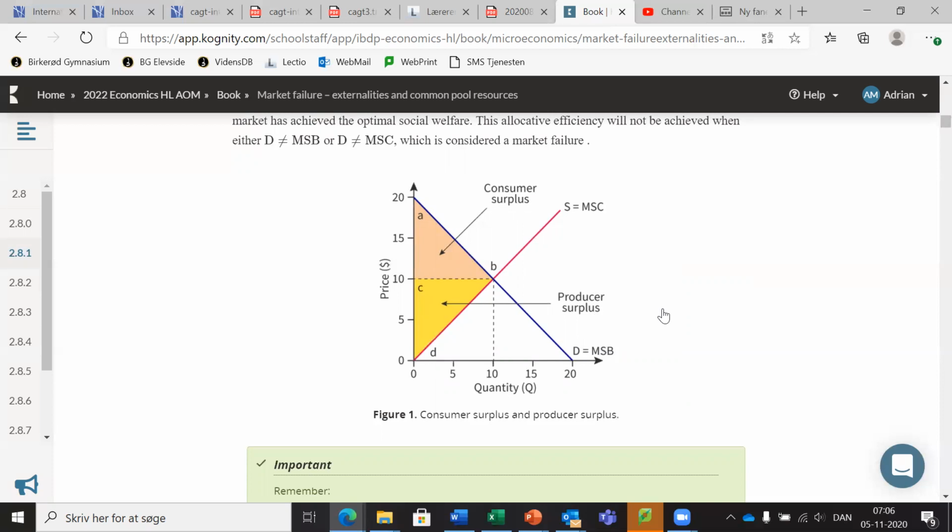Now, the last day we showed diagrams where, if we were on the wrong demand or the wrong supply curve, what would happen in equilibrium? We'd under or over consume. We wouldn't have allocative efficiency. When we talk about market failure, we are talking about whenever we don't get allocative efficiency, essentially whenever we don't end up at this point B, when these two are equal.